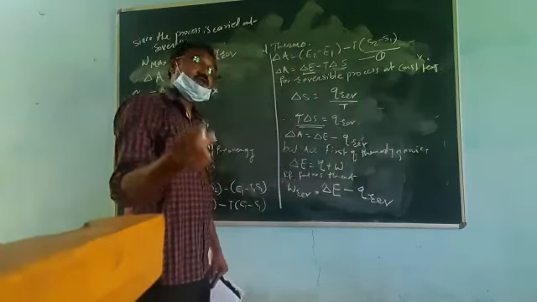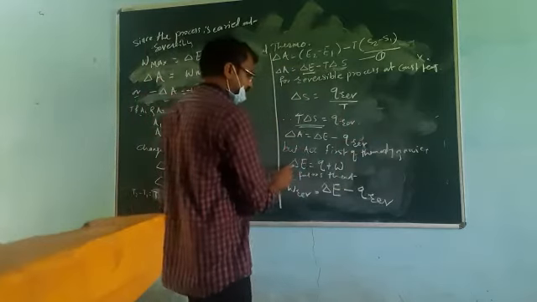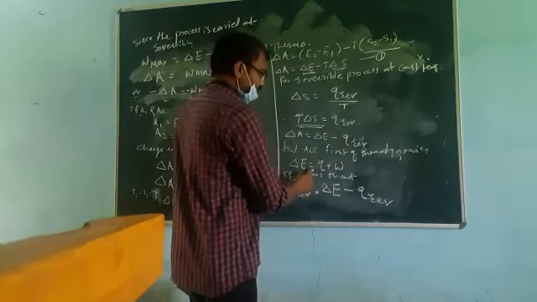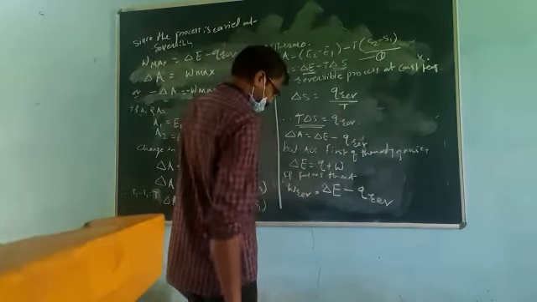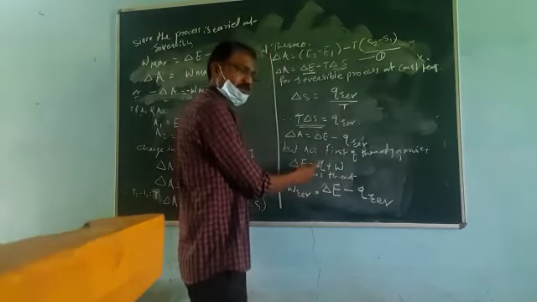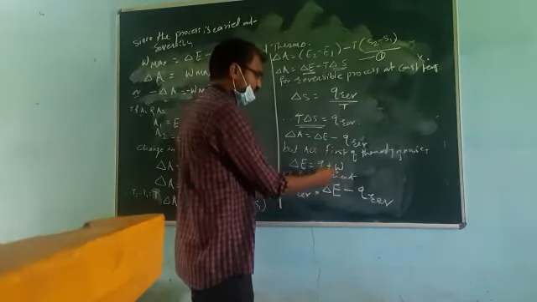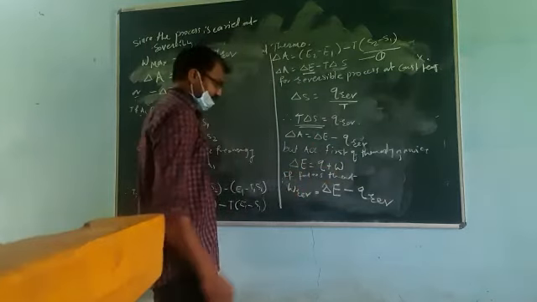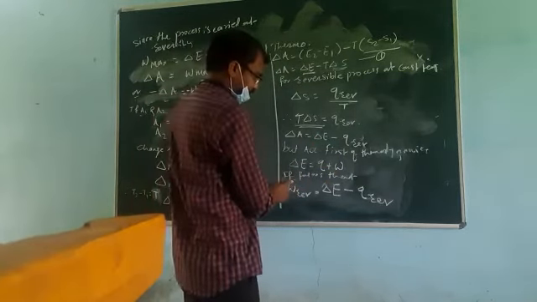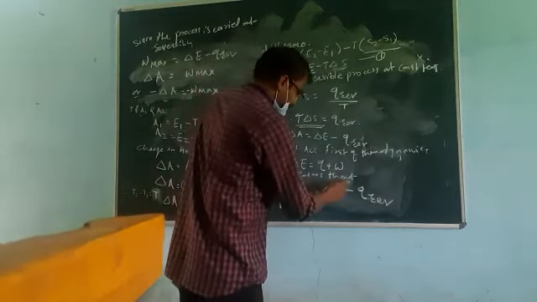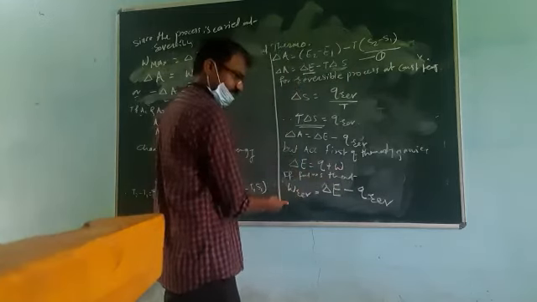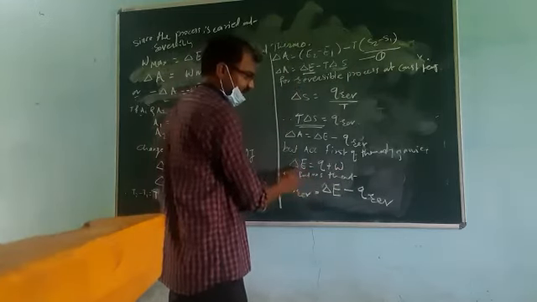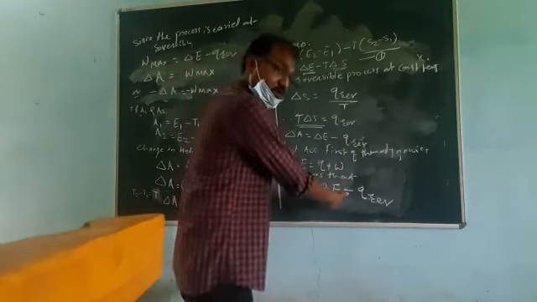But according to the first law of thermodynamics, delta E is equal to Q plus W. Here Q is the amount of heat, W is work done, and E is the energy. It follows that W reversible is equal to delta E minus Q reversible.